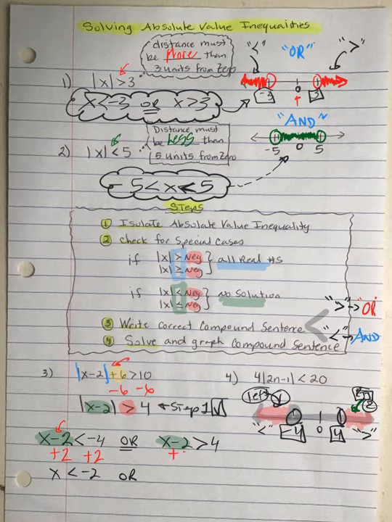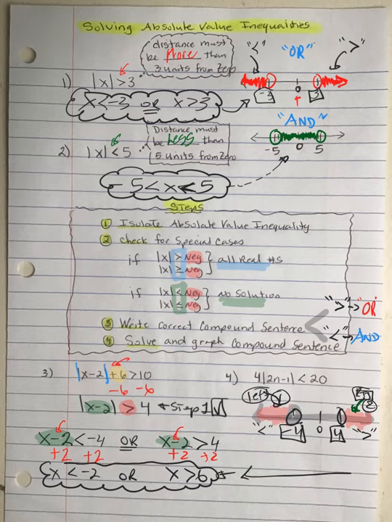And we're going to undo subtracting 2, right, by adding 2. And so this is your final answer. And then the graph that matches this answer is -2 and 6, all the numbers that are less than -2, and all the numbers that are greater than 6.